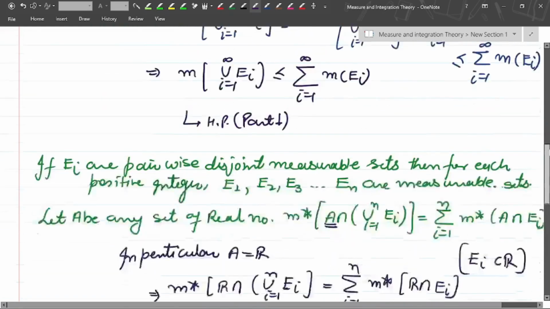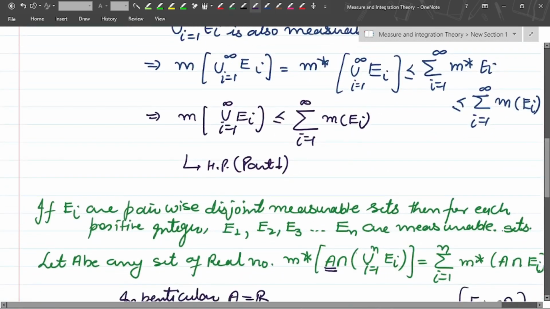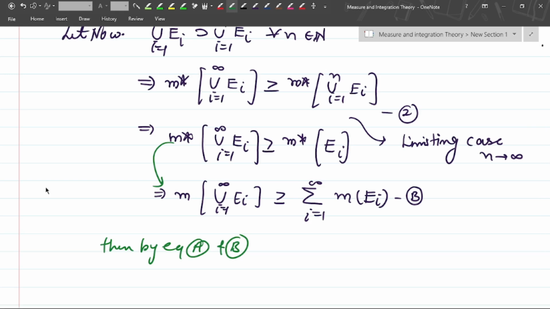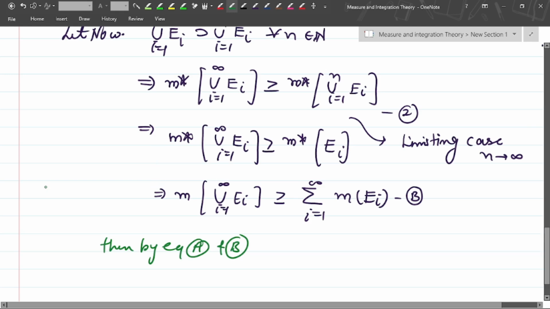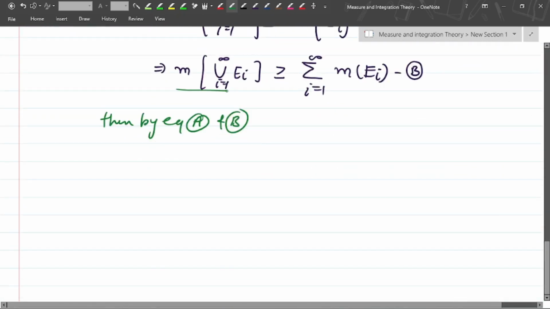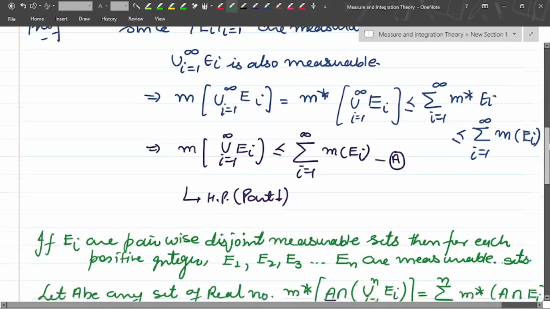Now, earlier for equation number 1, what we have done, this thing is less than. So I say it is A and this is B. By equations A and B, this transformation is just because of the limiting case and the property that we can write the outer measure in terms of summation. So basically the outer measure of the union is in terms of summation. Here it is greater than, and in the other case it is less than.